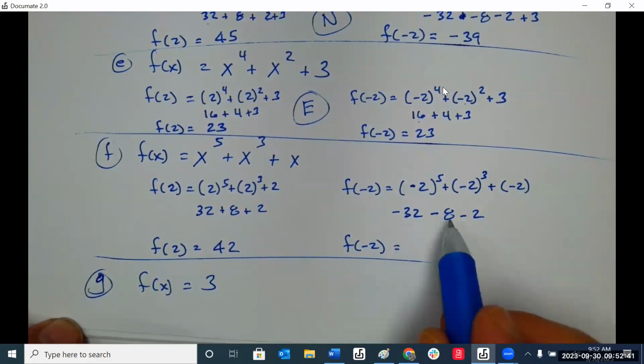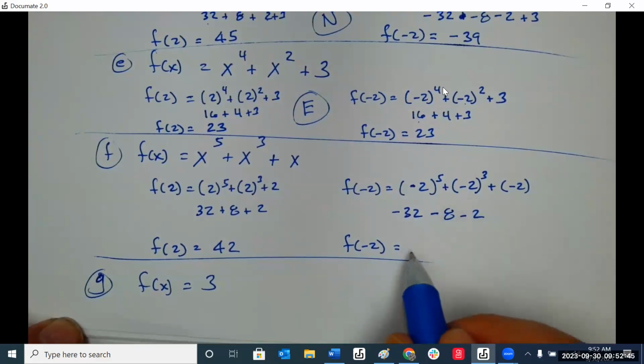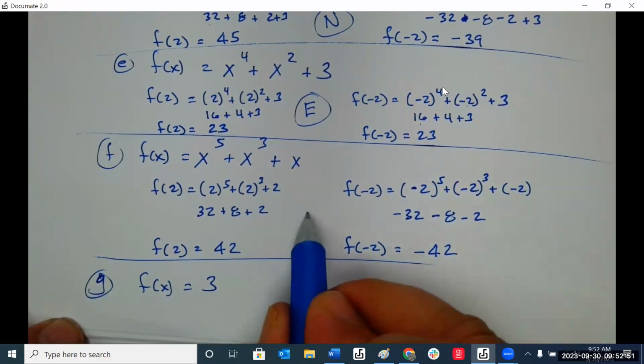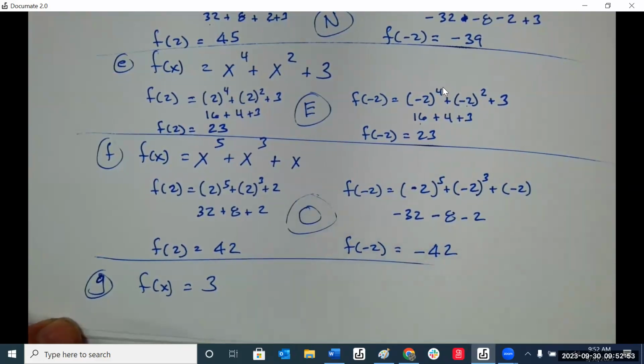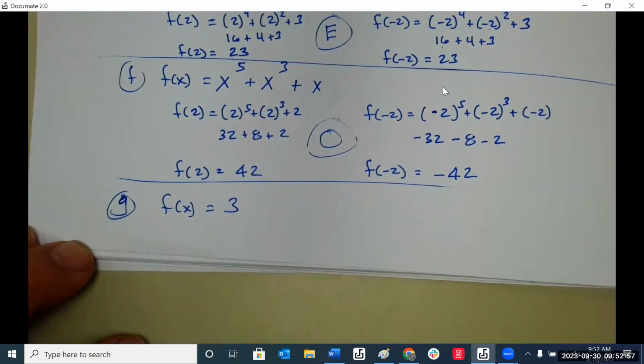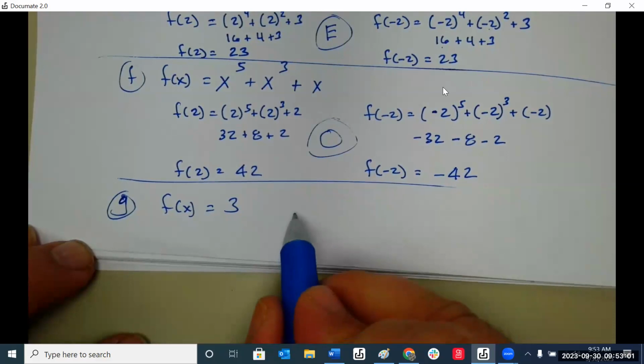So negative 32 minus 8 minus 2, negative 42. So what is that? That's odd. How about this one? Do it the same way.